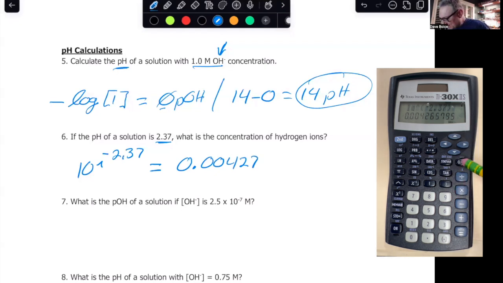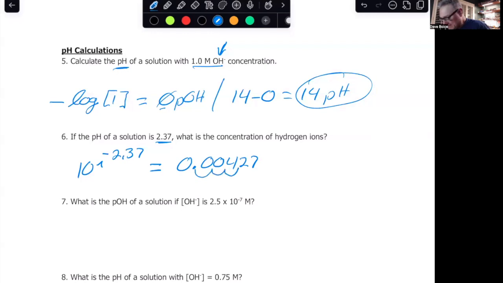To put that in scientific notation, I move the decimal 1, 2, 3 places, so that equals 4.27 times 10 to the negative 3. There's my concentration of hydrogen ions. I had the pH, so I don't need to do any further conversions.